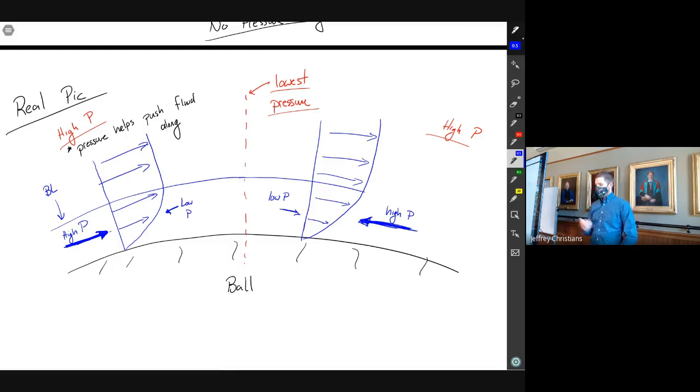Okay, so what is the effect of that? Right, the effect is eventually, we watched this happen in one of the videos, that's going to cause the fluid to slow down.